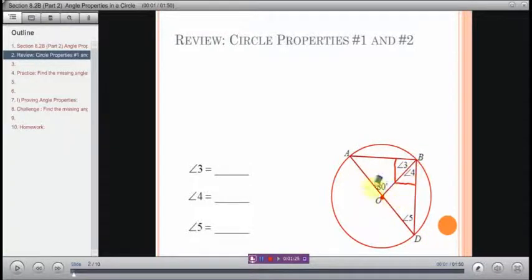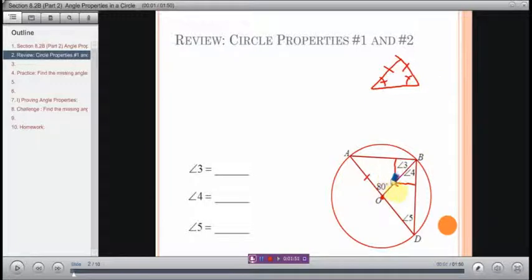That's a radius, that's a radius. So those radii are equal to each other, which means this triangle is an isosceles triangle. And if you remember, isosceles triangles, where the two sides are equal, their two base angles are also the same. Okay, that's the isosceles triangle rule. Hopefully you know from before.